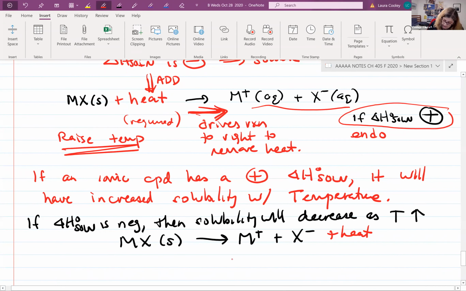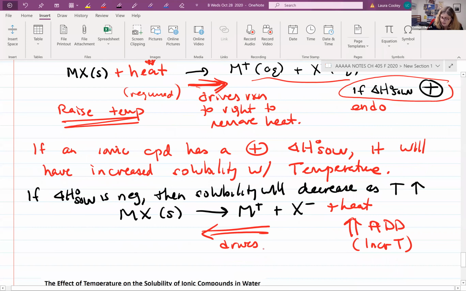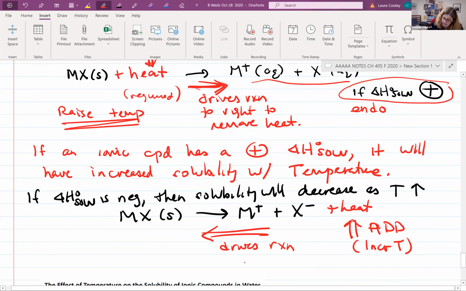So if you add heat by increasing the temperature, it's going to drive the reaction, or it's not really a reaction, but that's all right, it drives it in reverse, so it'll be less soluble.